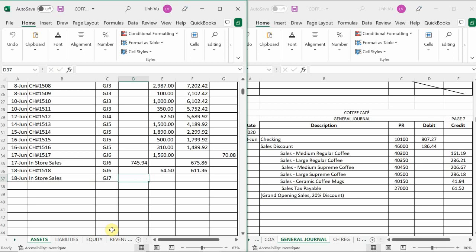How much cash did we collect? $807.27, giving us a grand ending balance total of $1,418.63. Good.